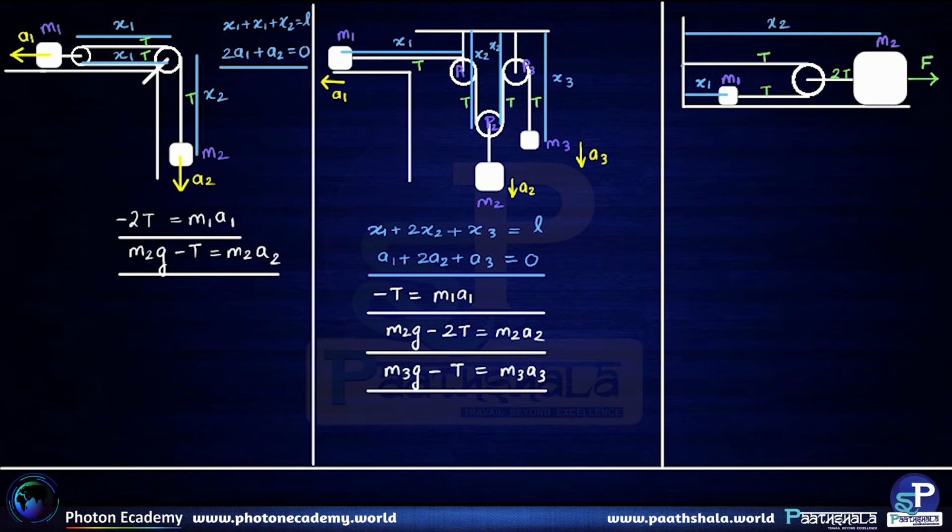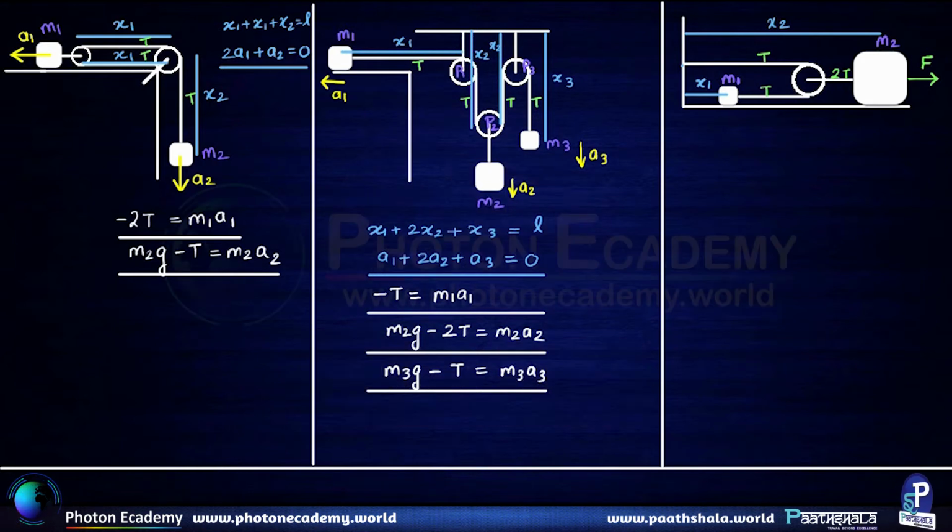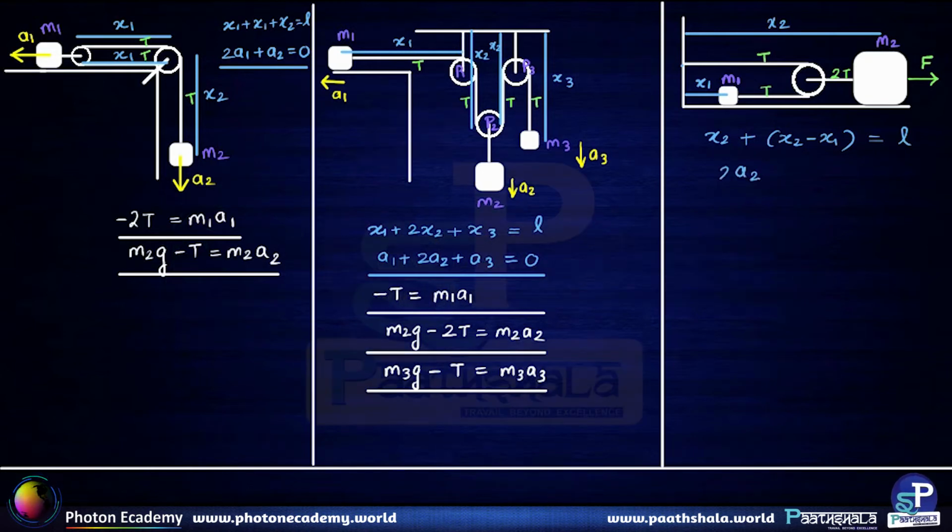So we can here write down the constraint motion equation as x2, which is the upper part of the string, plus x2 minus x1 is equal to the length of the string. On double differentiating, we get 2a2 minus a1 is equal to 0. So this happens to be the constraint motion equation.